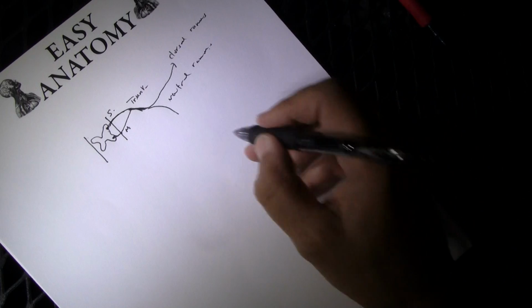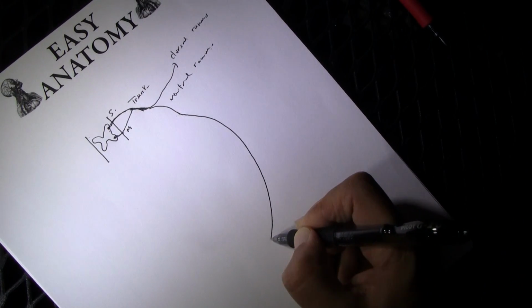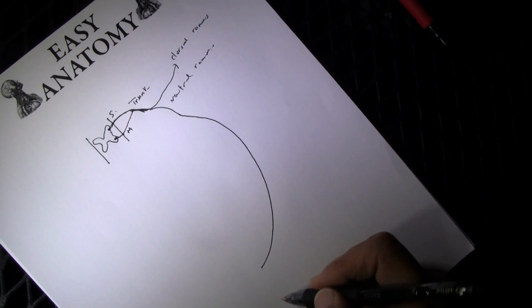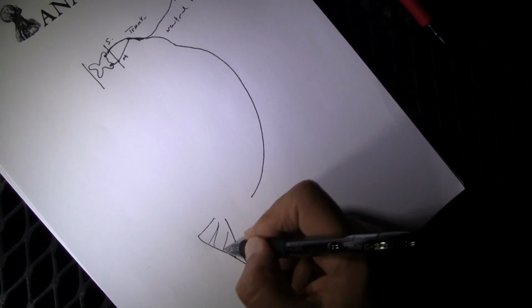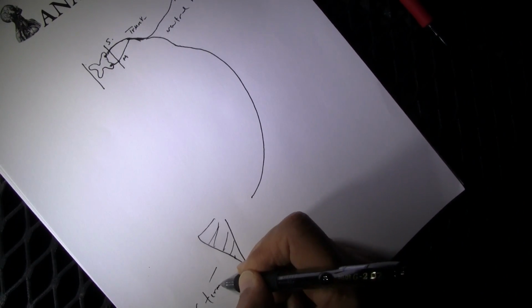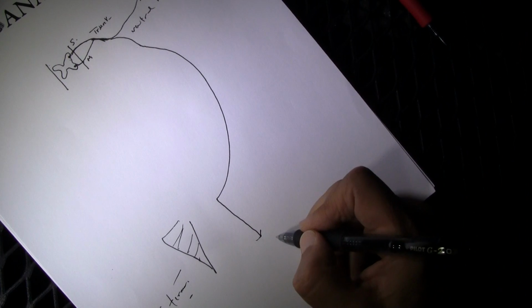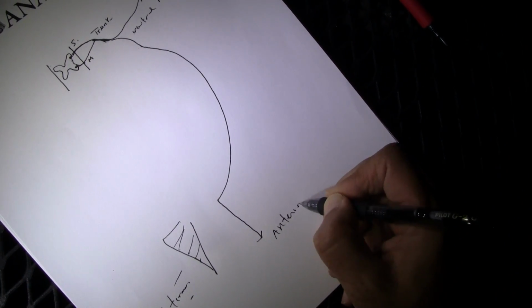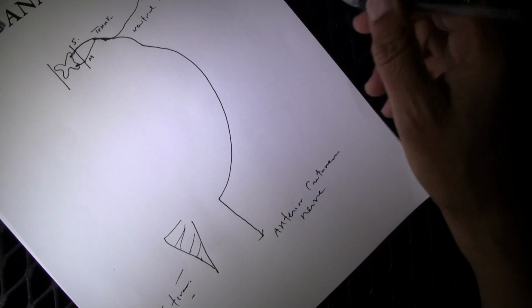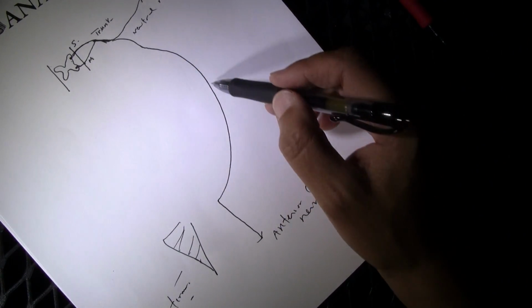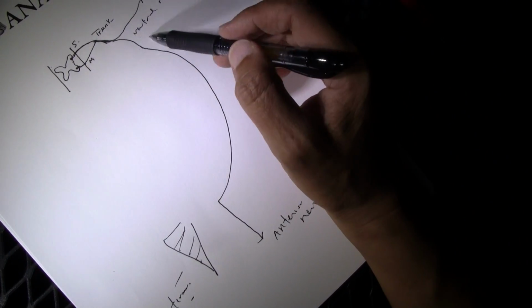So what does this mean? The ventral ramus continues anteriorly until it reaches the sternum, where it ends up as the anterior cutaneous nerve. Is the intercostal nerve the dorsal ramus or the ventral ramus?